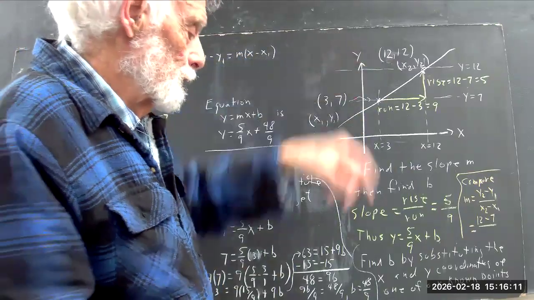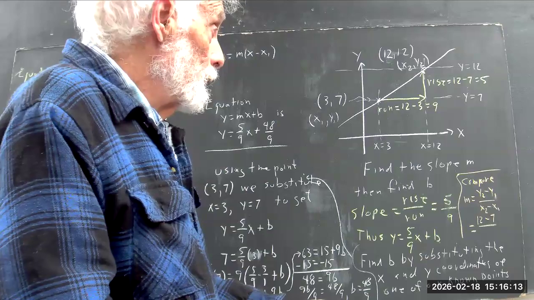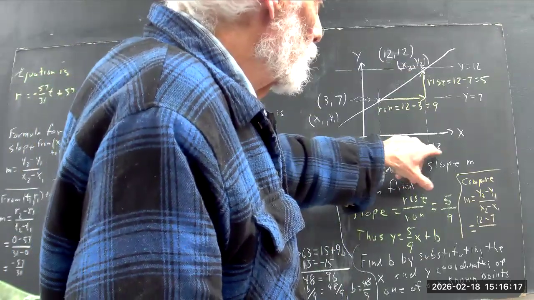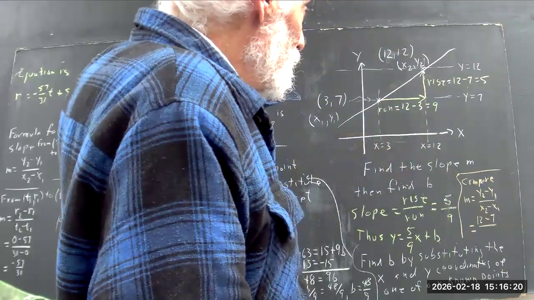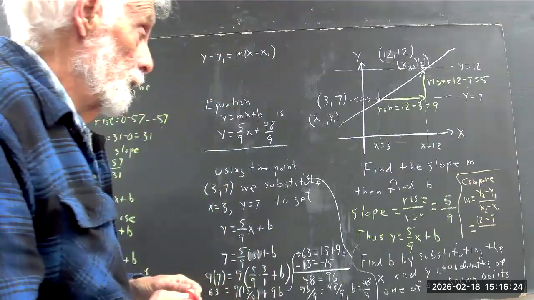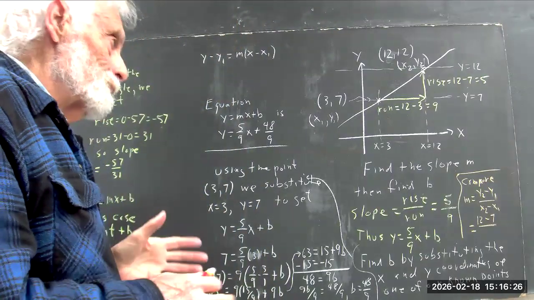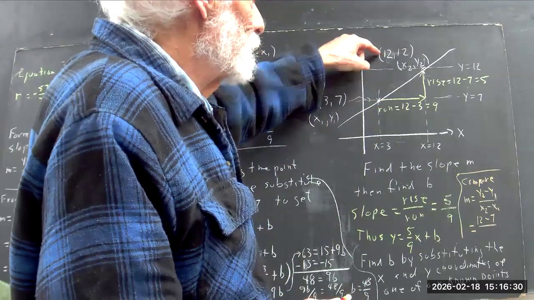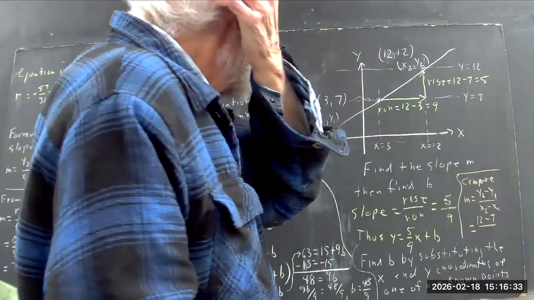I apologize. That's just a plain old error. When I labeled the x equals 12 vertical line, I caught the number 12 out of the corner of my eye, and I did that. So once more, if the second point is 12,12, then everything I said earlier is correct.